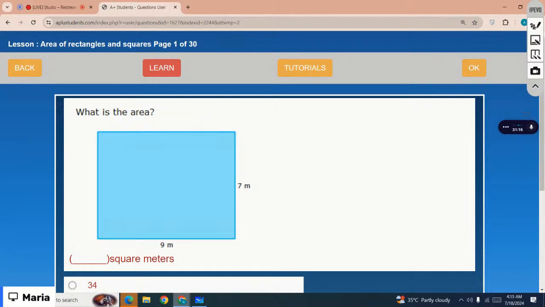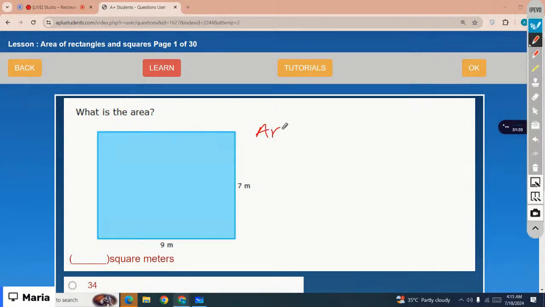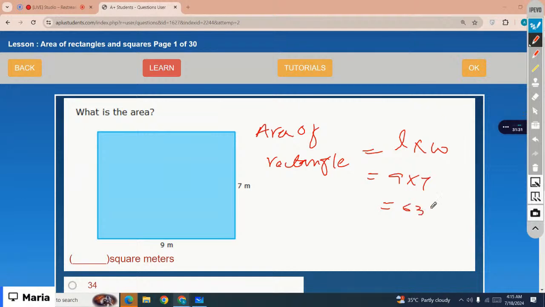The area of a rectangle is length times width, right? Whenever you have to calculate the area of a rectangle, keep this very important thing in your mind. You have to do length times width. So you have to do 9 times 7. 9 times 7 is 63 meters square.